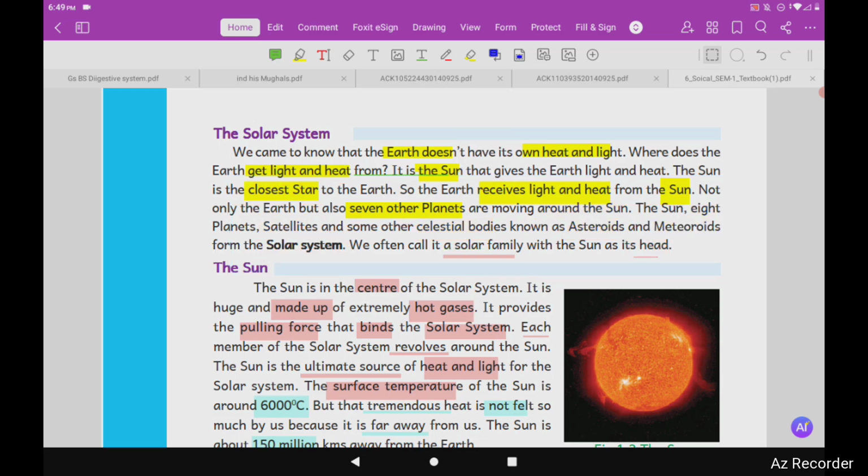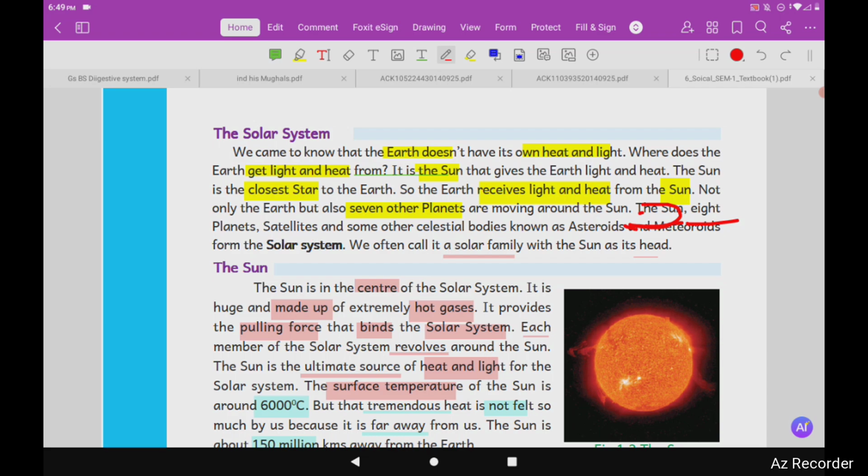Once again, what is the solar system? The solar system contains the sun, 8 planets, satellites, and celestial bodies known as asteroids, meteorites, comets, etc. All these together are called the solar system.